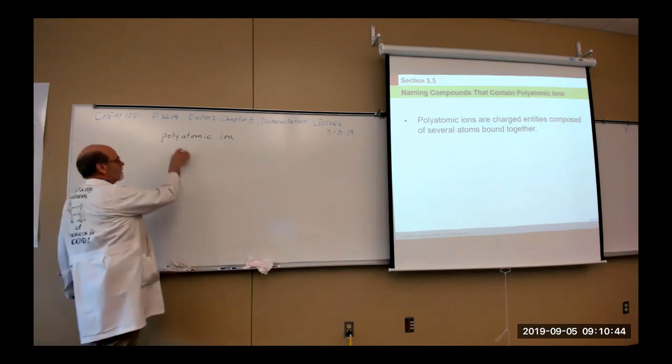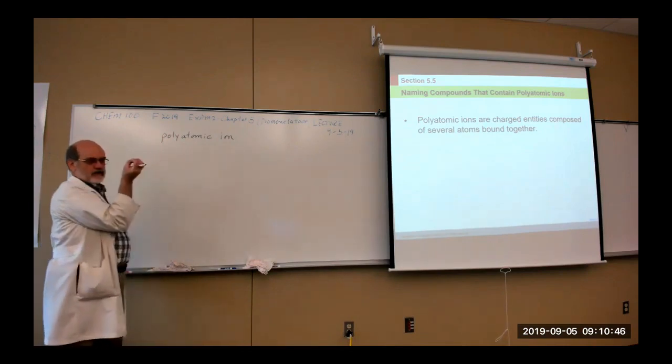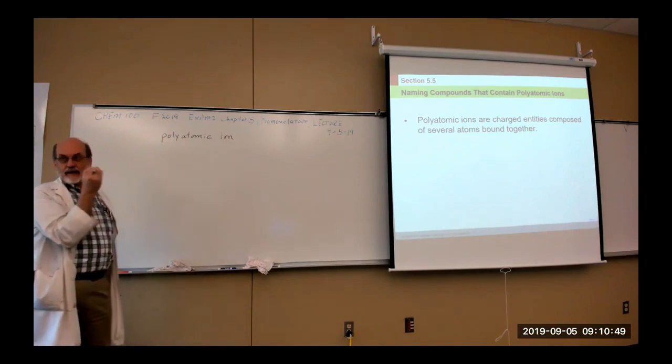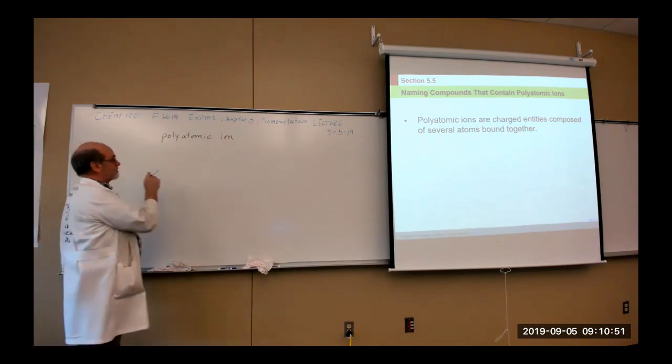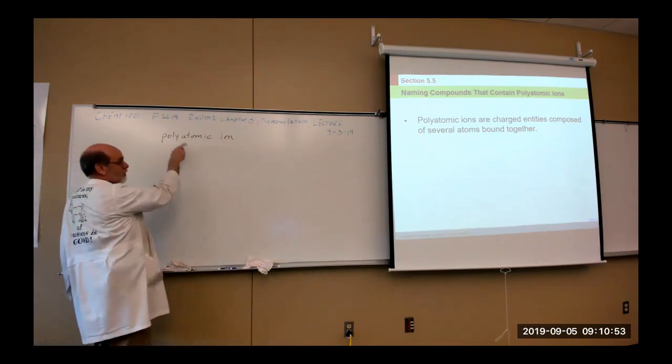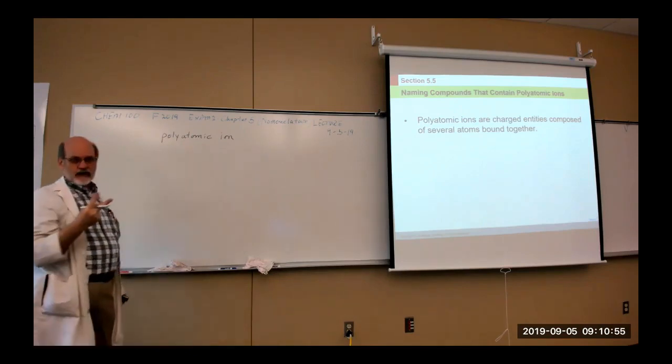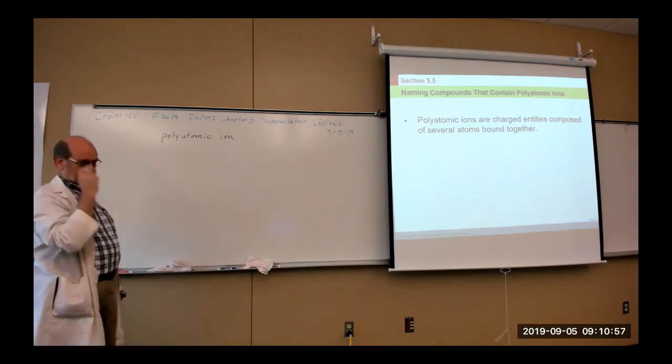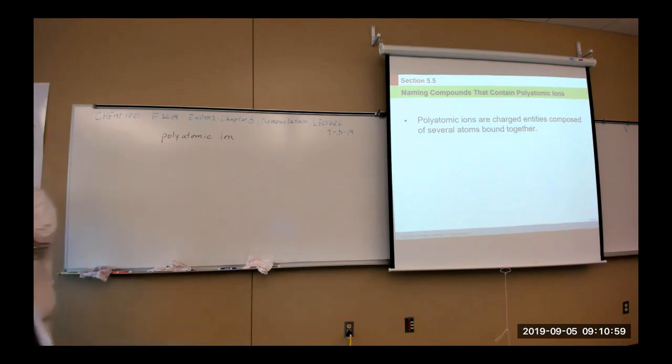But in that group that has a charge, there's more than one atom, and there are always at least 2 different elements, sometimes 3. That's why I gave you that chart. I think I gave you a copy of that chart.